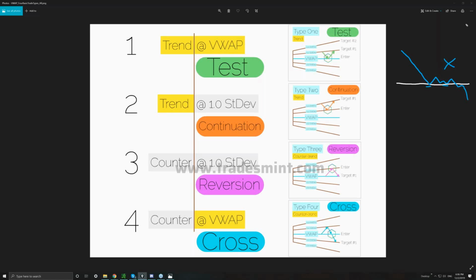If a stock is destined to end the day all the way up here, it's probably going to bounce at the VWAP because the traders who are in control of that market, well, they're not going to sit back and wait for the market to drop all the way below VWAP. That would be too convenient. If the stock is really in high demand, it's going to get purchased up from VWAP to its eventual end target.